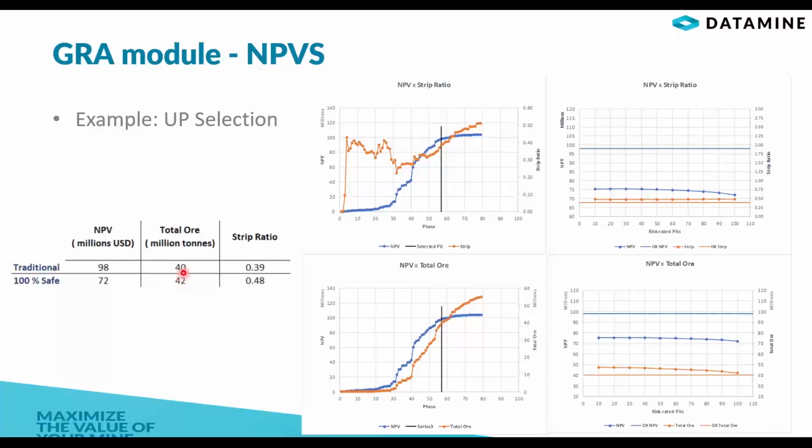But the amount of ore is a little bit higher, and the strip ratio is a little bit higher. In terms of ore, they are quite close apart from this NPV, but we need to take into account that we are considering the geological uncertainty in that approach.